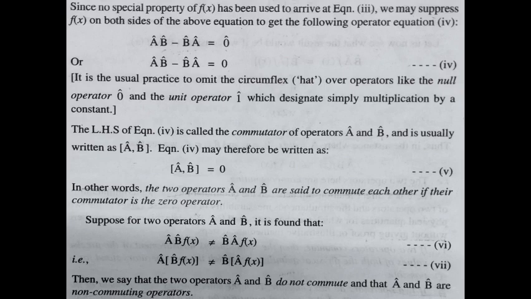This means that A operator acting on B hat f(x) is not equal to B operator acting on A hat f(x). Then we say that the two operators A and B do not commute, and that A hat and B hat are non-commuting operators. So this effectively means that [A hat, B hat] is not equal to 0.